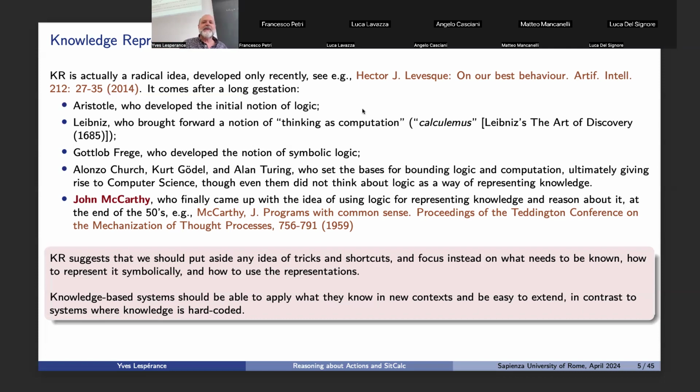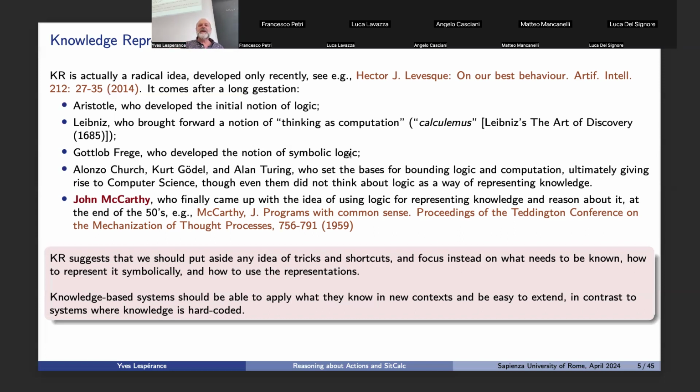Then Leibniz proposed the idea that thinking is a form of calculation. Then Frege developed the modern notion of symbolic logic.